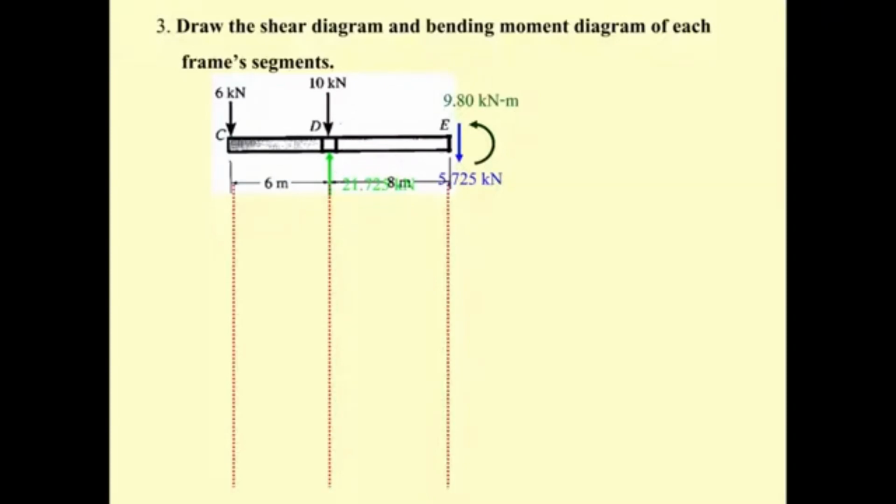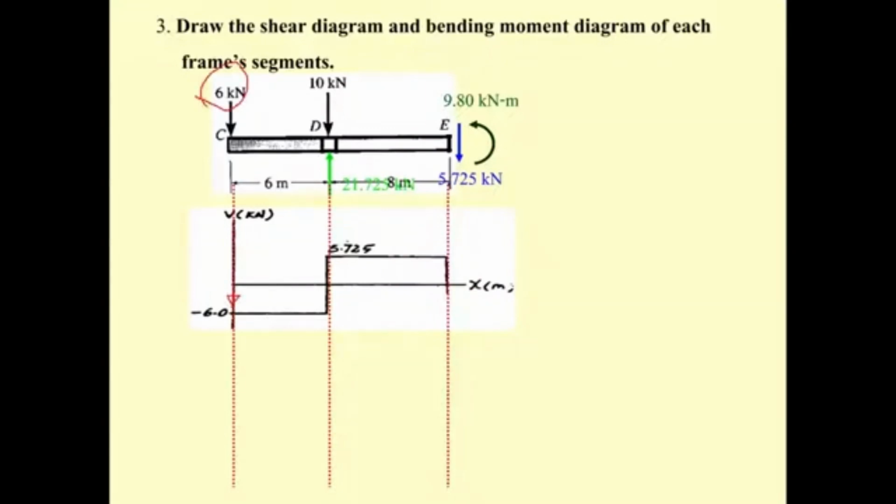Okay, and then it's going to be constant here and close here, so the shape will be down and up, like this. The down is going to be like this, upward, downward, due to this 6 kilonewton. No distributed force. This is going to be 0. This is going to be minus 6. And the green and the black are going to deduct each other. That is going to be up for 11.725.